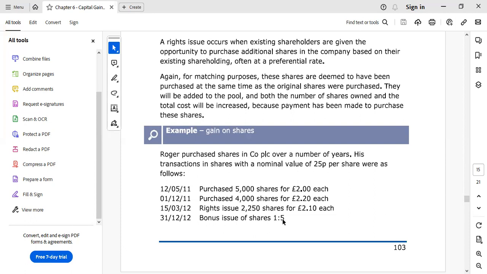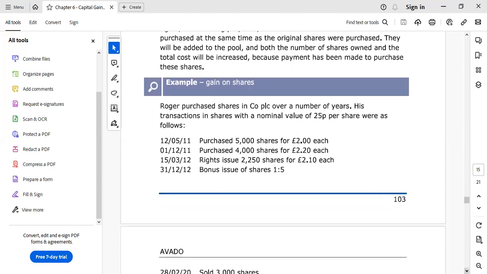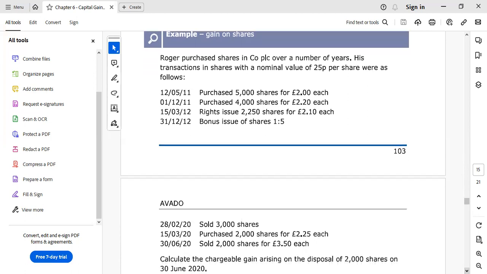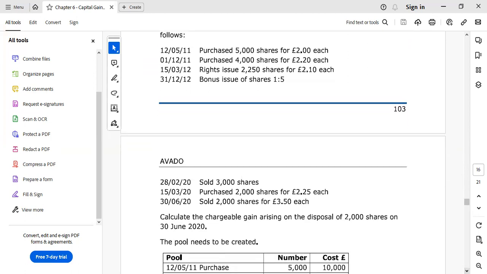A bonus issue of 1:5 means one share for each 5 shares he holds, so we need to add 5,000 plus 4,000 plus 2,250 and apply the 1:5 ratio. He will get one additional share for each 5 shares.